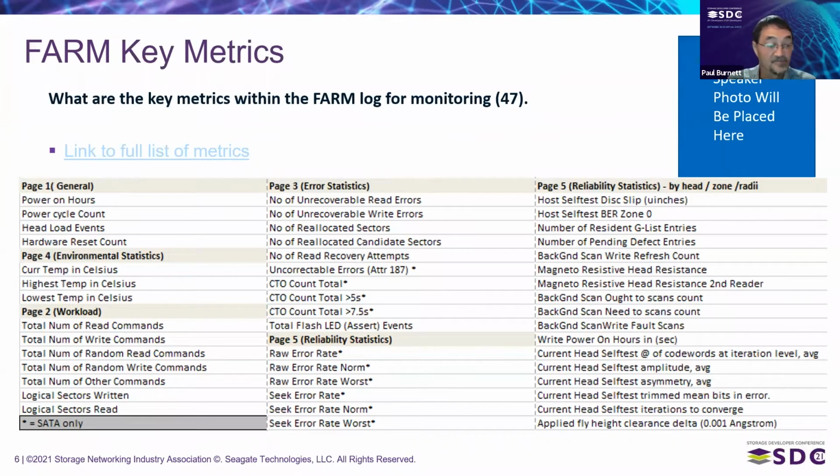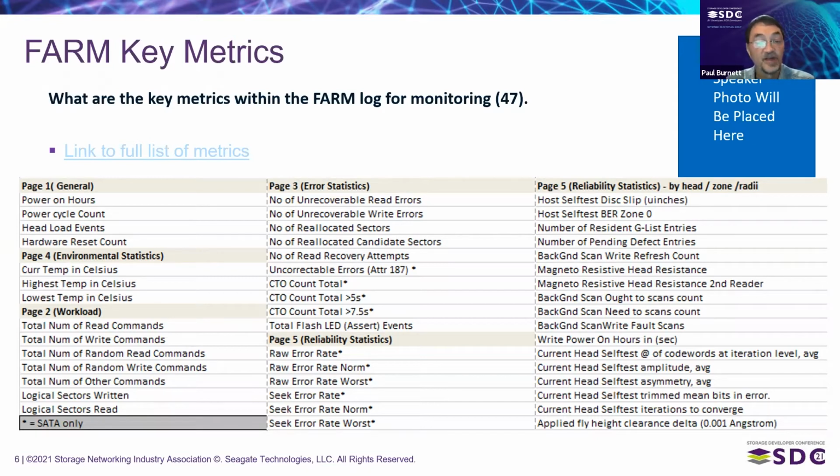Environmental information like temperature and workload. You have how many commands have been issued or random commands have been issued, along with the basic logical sectors read and written, so you can tell how many terabytes you've been transferring in the drive and calculate a terabytes per year type of calculation.